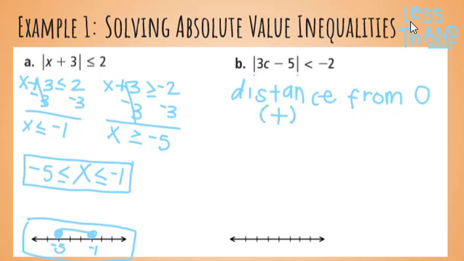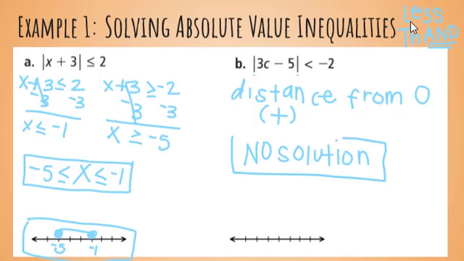So this value is positive. Is a positive ever going to be less than negative 2? No. So your answer here is no solution. And there's no shading on your graph because there's no solution here.